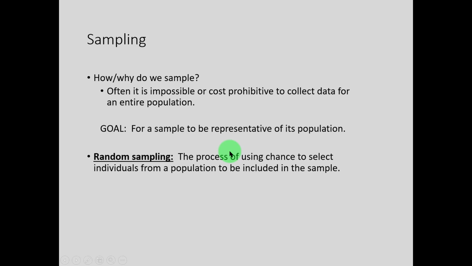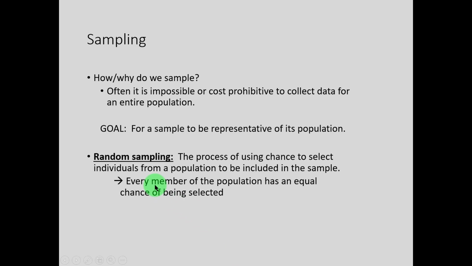That is the process used to select the individuals from the population in a non-biased fashion. The main idea there is that every member or every individual has an equal chance of being selected.